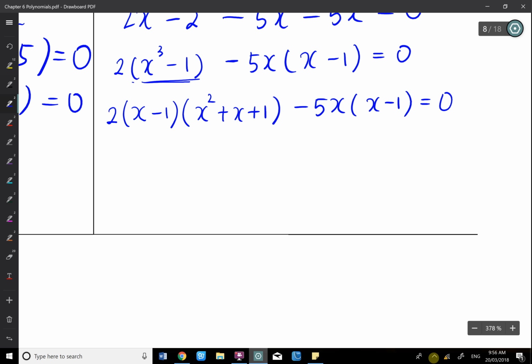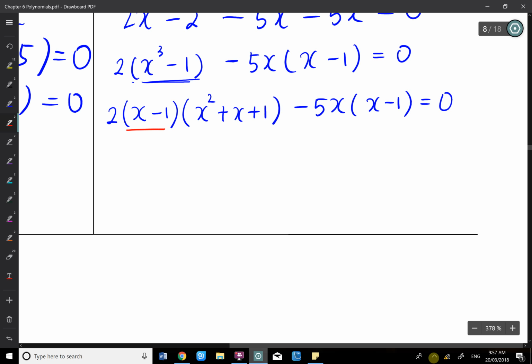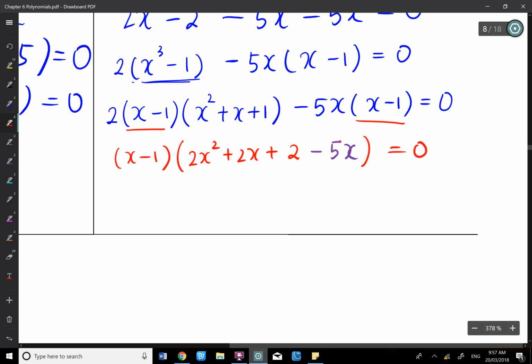So what I have now is I can see x minus 1 as my coefficient. So I take x minus 1. What's left is 2x squared plus 2x plus 2, and then minus 5x, and that equals 0.